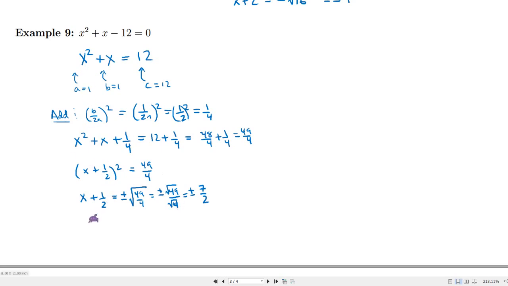And so we have x is equal to plus or minus 7 over 2 minus a 1/2. So subtracting a 1/2 over here. Well, you know what, let me write those separately actually. So then what do we have?